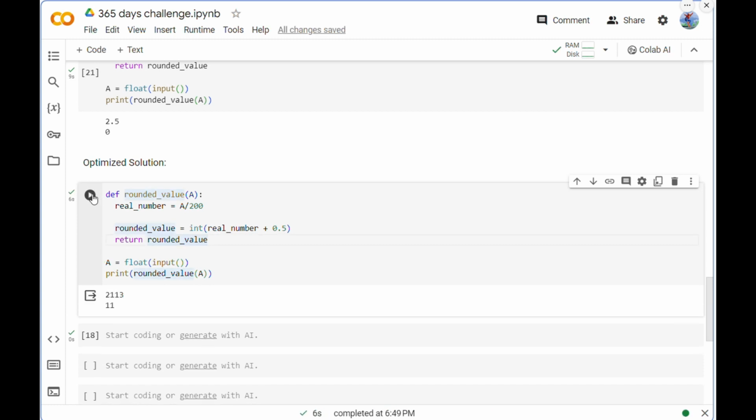Yes. And let's give minus 2113, and it should return minus 10. Let's see. Yeah, we are getting the correct result. So our solution approach is working perfectly fine, and there you have it.